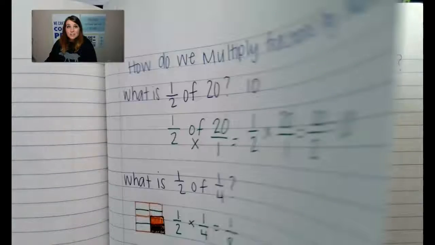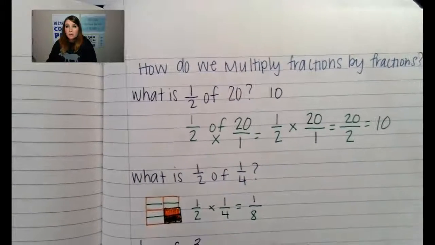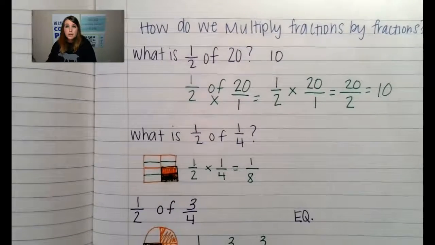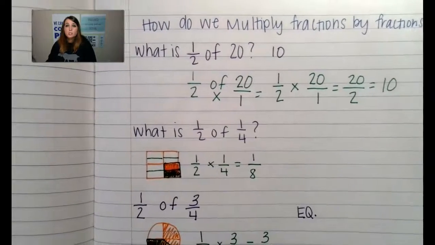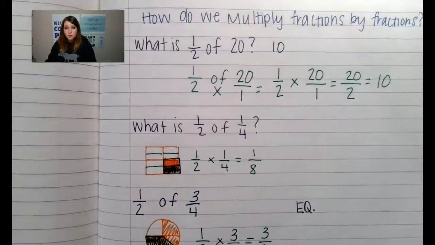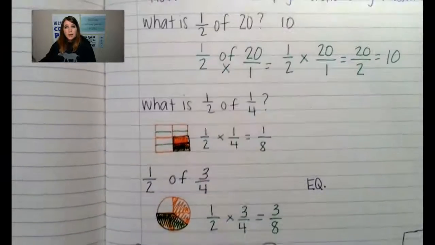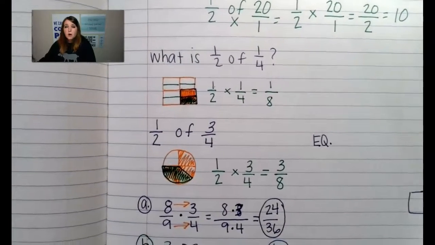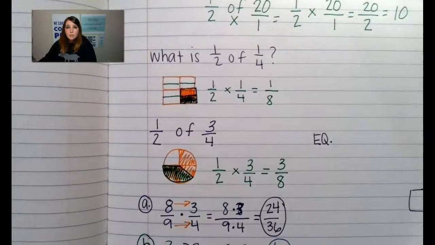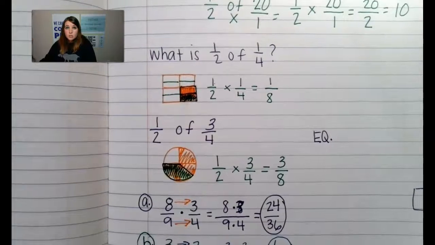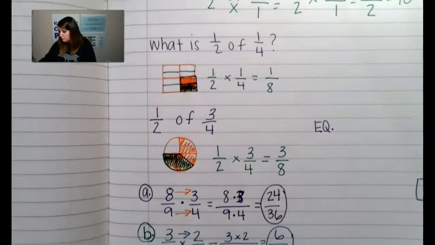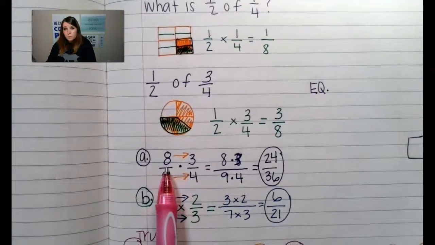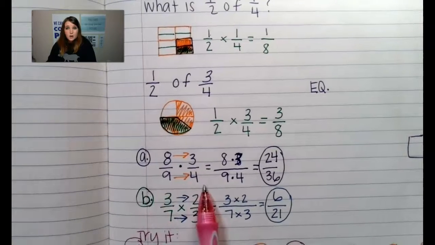Okay, yesterday we were learning how to multiply fractions by fractions, and we were able to see how to use a model. So we got to see what the word of means when we are multiplying fractions, that the word of just means multiplication. And then we also saw that you multiply straight across.